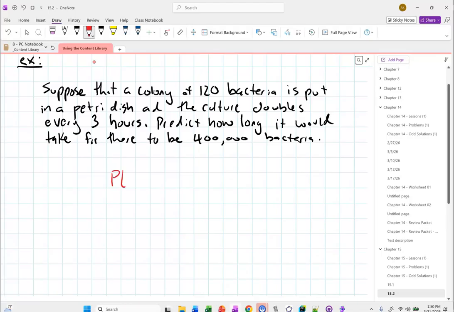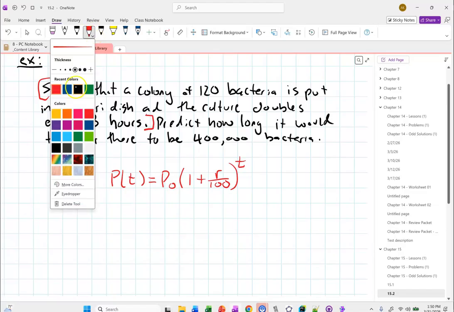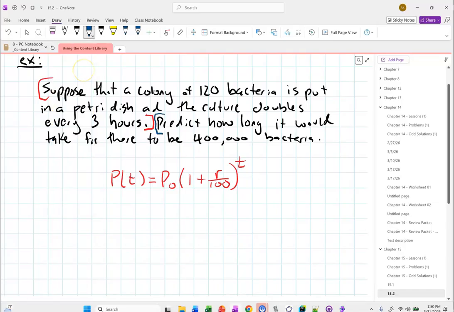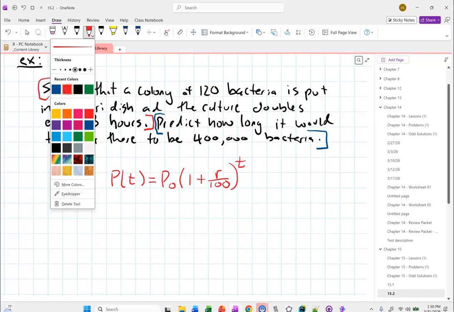So to describe this, we're going to use our population model. Everybody's good here? So the first part of my problem is going to be asking to write your population model. And then the second half of the problem is going to be solving that population model.